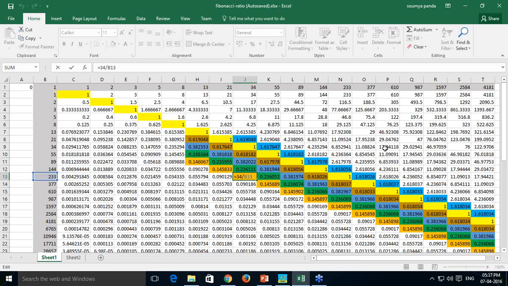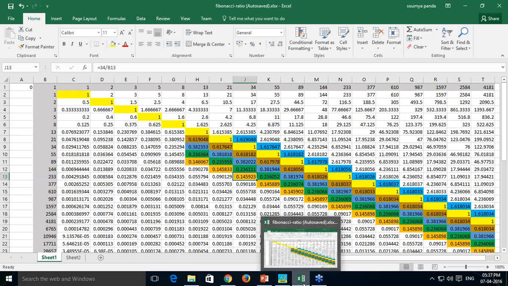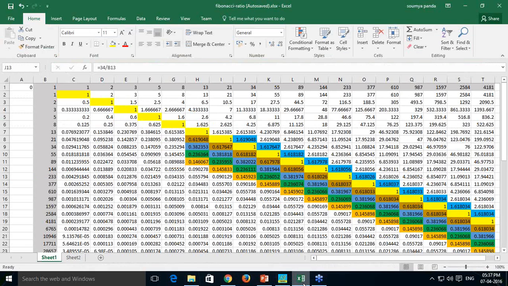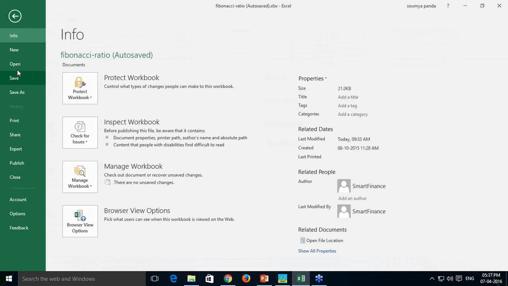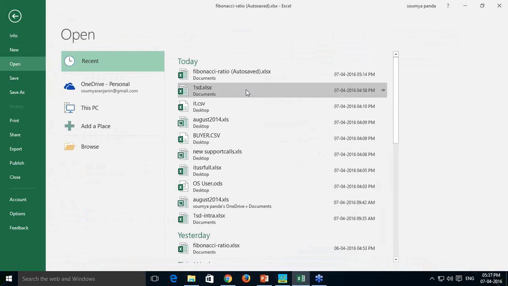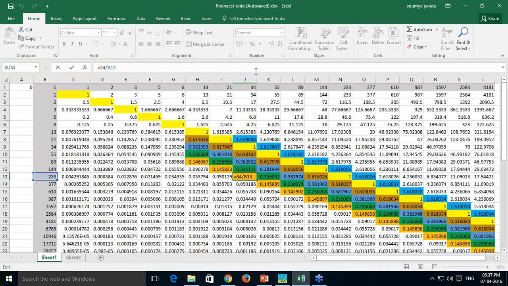So these ratios have an infinite presence, however out of these ratios, only a few we use for the study we want, we are using only a part of the Fibonacci ratios.